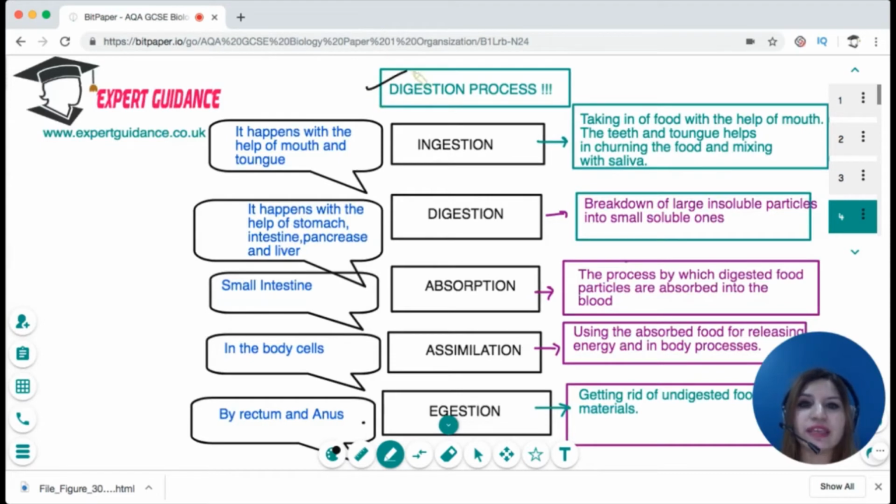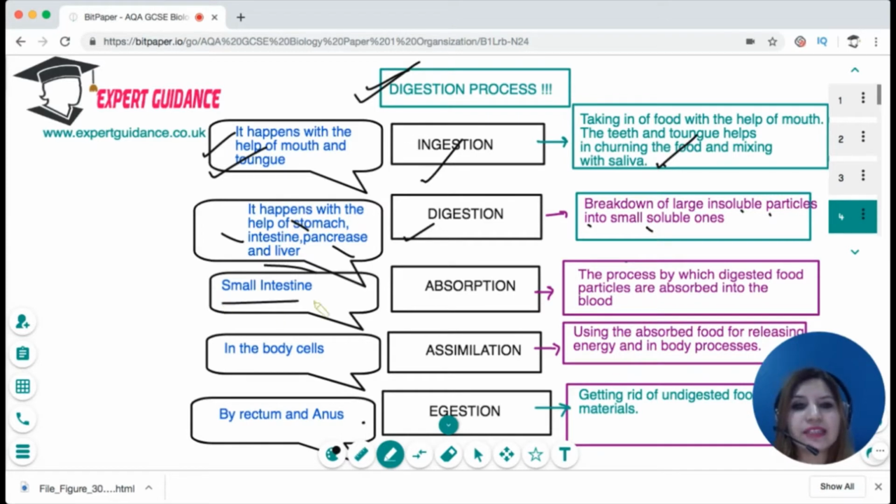If you see this, we can break the digestion process into 5 stages. One is ingestion. Ingestion is taking in food, with the help of the mouth and the tongue. The food is churned, so mechanical digestion takes place, and the food is mixed with the saliva. Then there is digestion. It starts in the mouth, and the stomach, intestine, pancreas, and liver are involved in it, which is the breakdown of large insoluble particles into smaller ones.